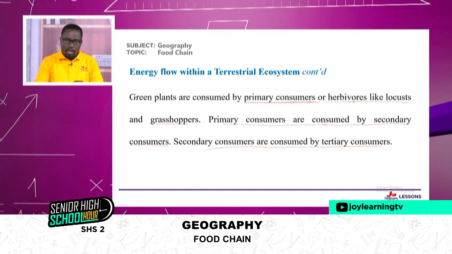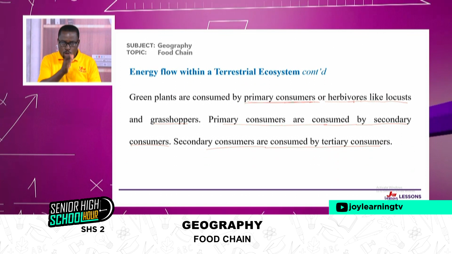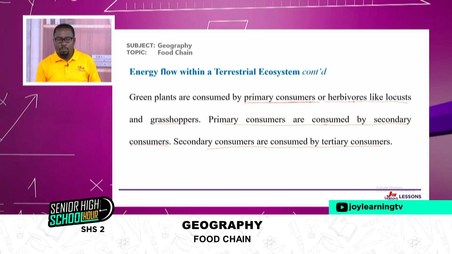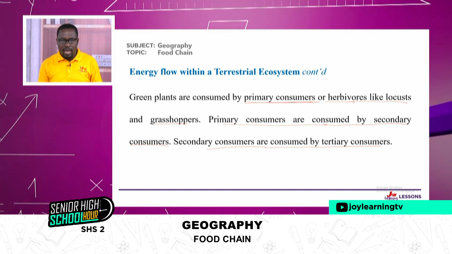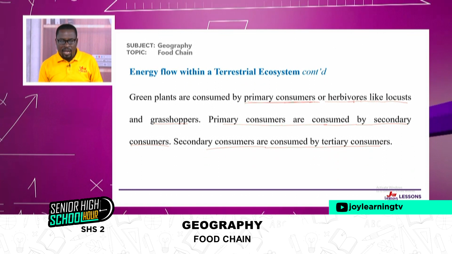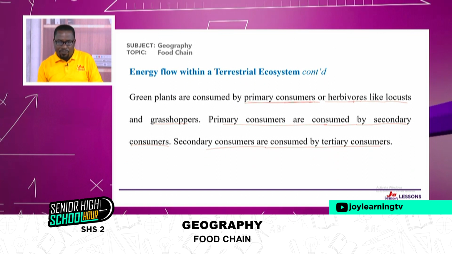So when you take the food chain step by step, in that chronological or sequential order, the plant produces the food. We have a herbivore that feeds on the plants. Is that okay? Then we have a carnivore that feeds on the herbivore.